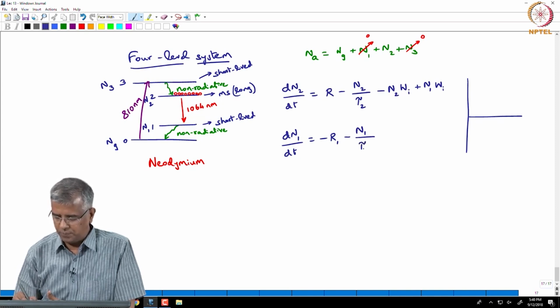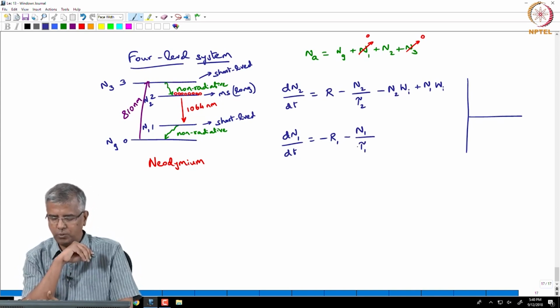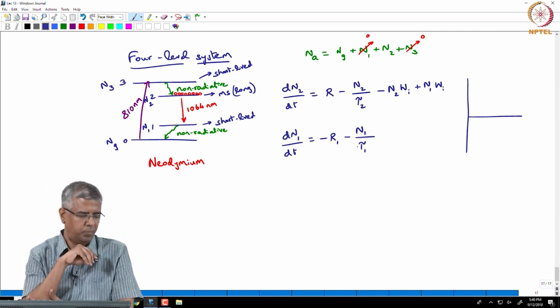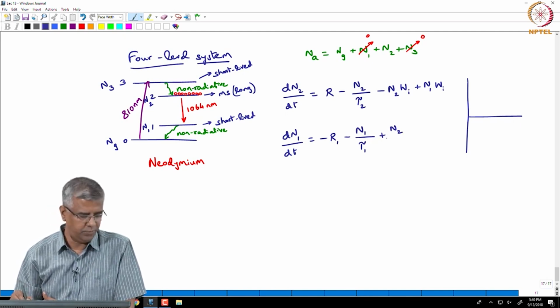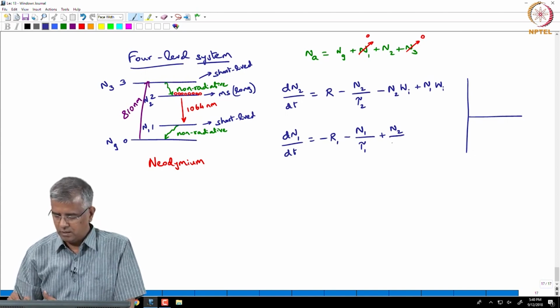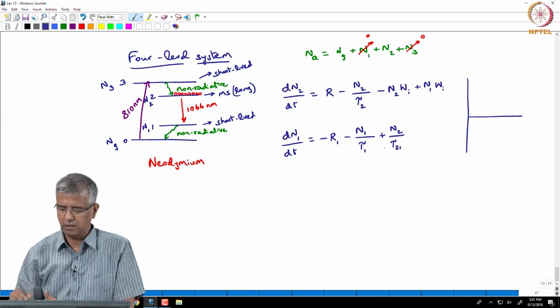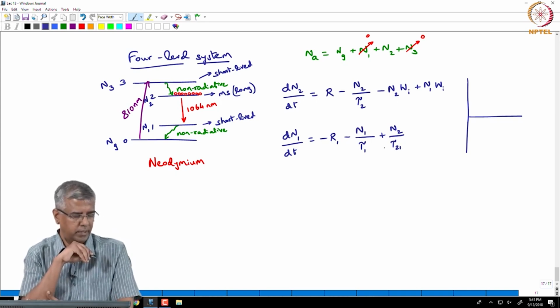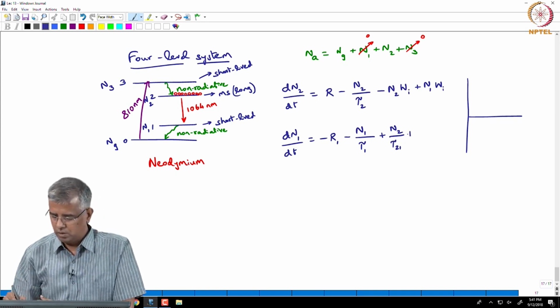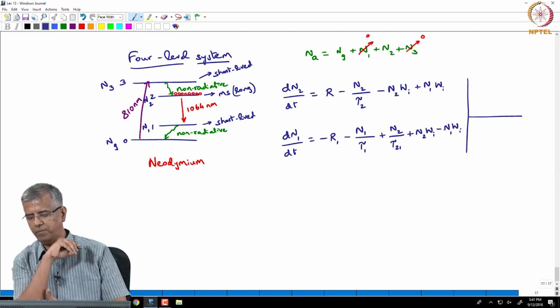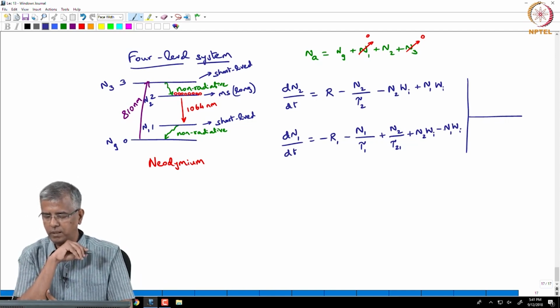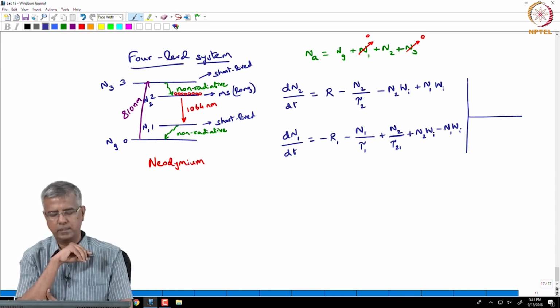But this one will happen, that you could have a rate at which N1 can get depopulated, but it will benefit from any spontaneous emission from energy level 2 and stimulated emission from energy level 2, and then you have N1 Wi corresponding to stimulated absorption.